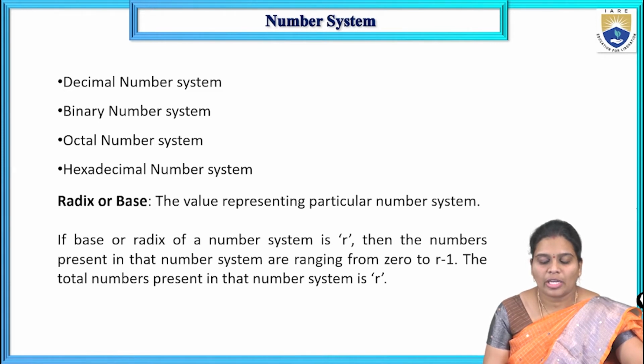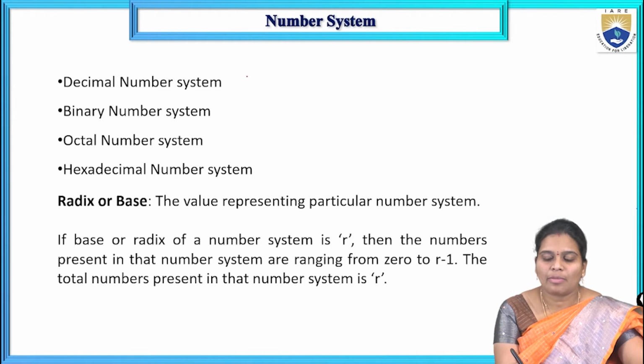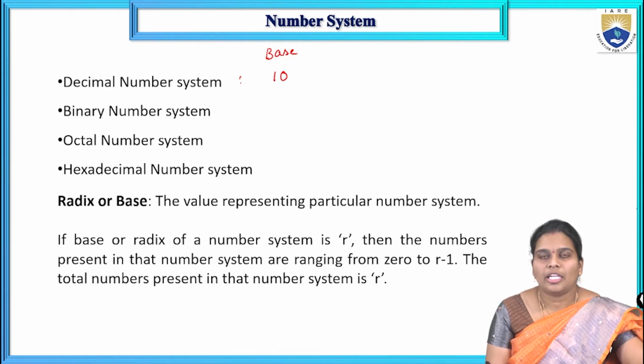Here we take the decimal number system. In the decimal number system, the values go from 0, 1, 2, 3, 4, 5 and so on up to 9. So the decimal number system base value is 10, and the values range from 0 to 9 only.